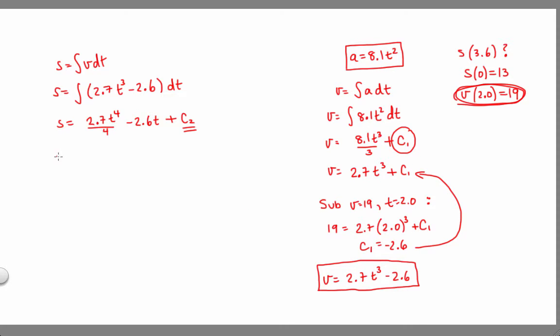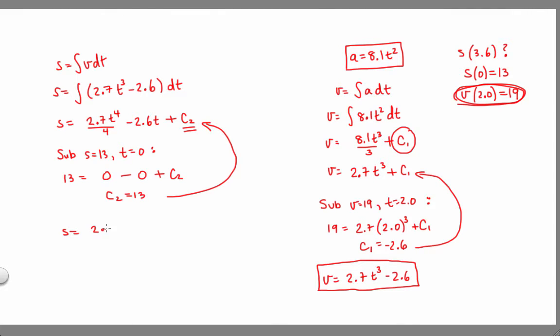Now let's use the fact that s of 0 is equal to 13. So we will sub in s equal 13, time equals 0, and that's going to help us find C2. Plugging in here, we'd have 13 is equal to, well, first term is 0, second term is 0, and we've just got C2. So that tells us that C2 is equal to 13. We'll take that value, plug it in back up here, and that will give us a formula for s.